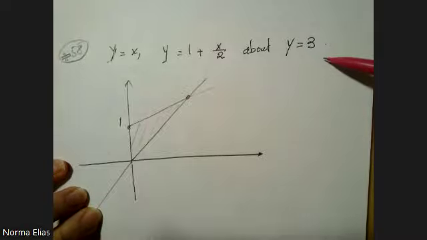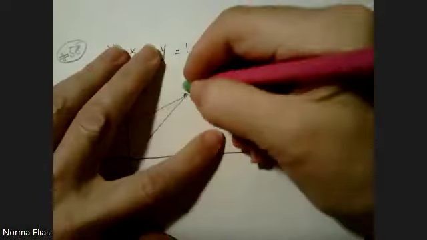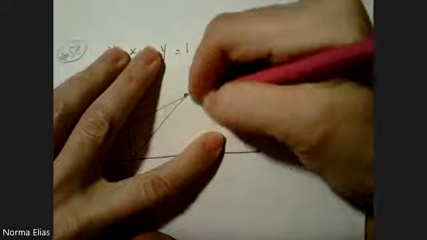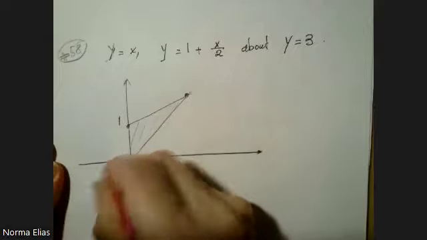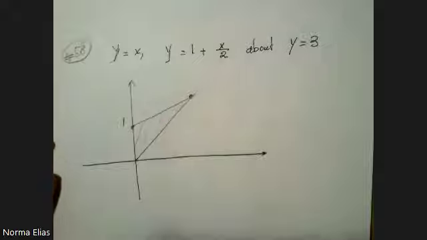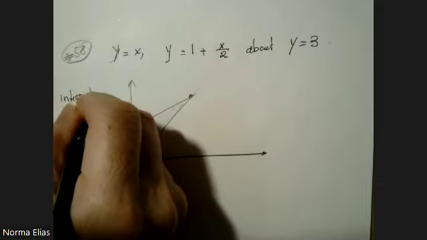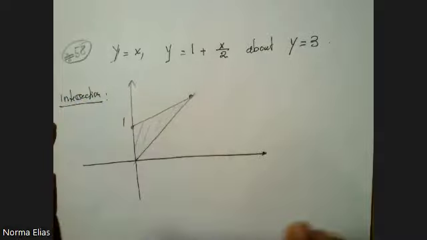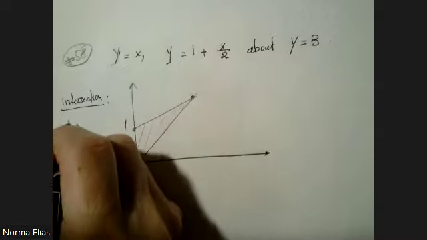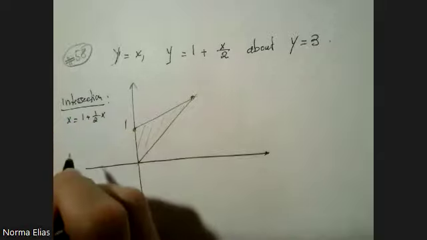And y equal to 3. Before I draw y equal to 3, I'm going to find the intersection point so I know what I am working with. Otherwise, I don't know what to do in this problem. So we set them equal: x equals 1 plus x over 2.